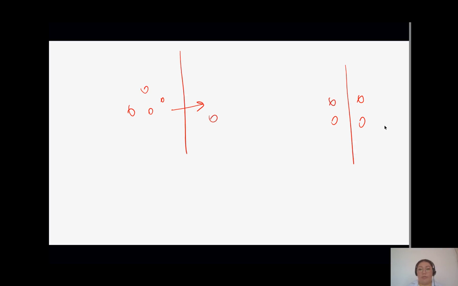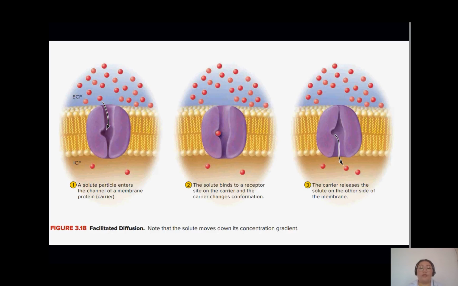The second type of diffusion is facilitated diffusion. It means that for the movement of substances, the chemicals, in this particular case from the ECF, extracellular fluid, to the ICF, intracellular fluid, from outside to inside the cell, we need some special proteins, the carrier.